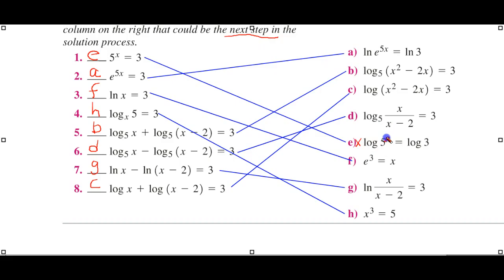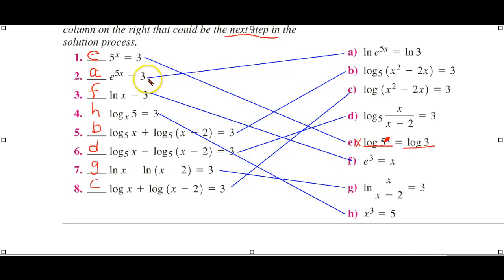This x is now gone, and now you divide both sides by the log of 5, and that'll give you x, and you can put that in your calculator and you'll find out what x is. So again, they're showing you the next step.